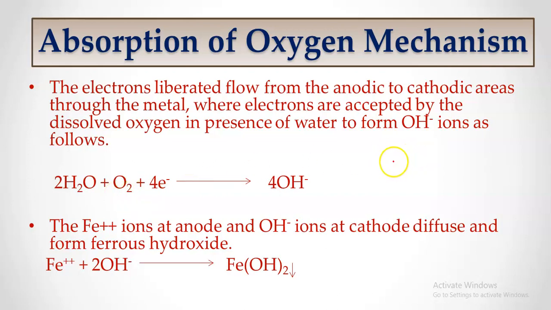In that gap, water, moisture, and in presence of atmospheric oxygen, there is formation of hydroxyl ions. 4 OH minus ions are formed. At the anode, Fe++ is formed, and at the cathode, OH minus ions are formed. Fe++ from the anode and OH minus from the cathode diffuse and form ferrous hydroxide, Fe(OH)2, and that is the rust.